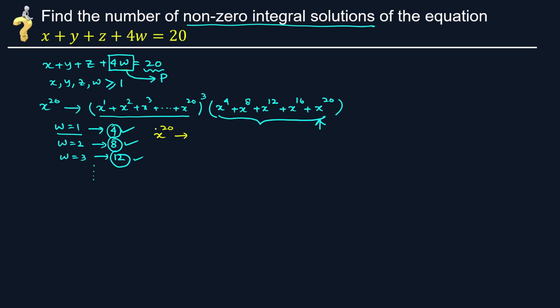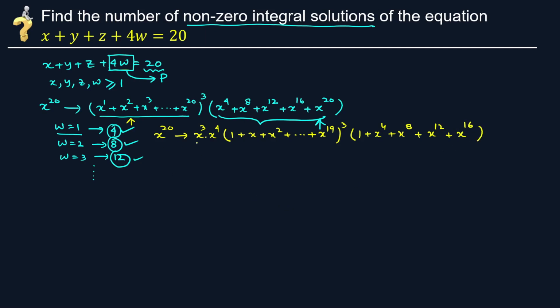So what I'm trying to do here is, first let me take x common from this polynomial. We are getting x cube coming out. So we are left with (1 plus x plus up to x to the power 19) whole cube. And for this, if I take x to the power 4 outside, we are left with 1 plus x to the power 4 plus x to the power 8, x to the power 12, x to the power 16.